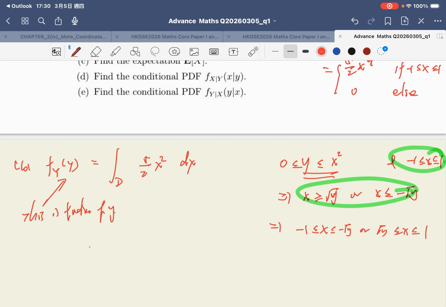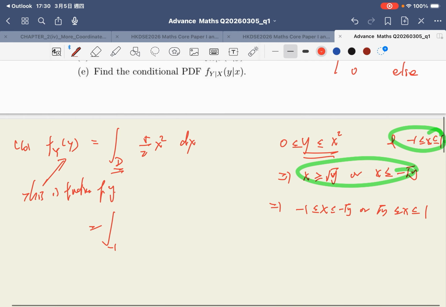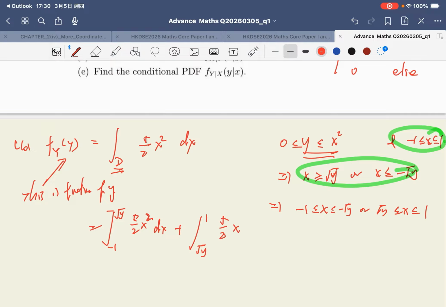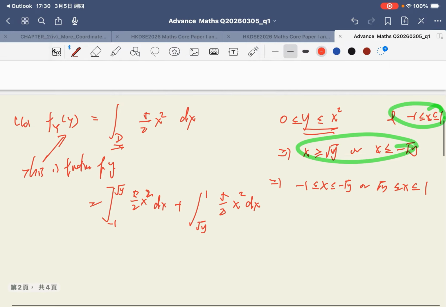I write down this domain. The domain here should be decomposed into two parts. One part is -1 to -root y. The other part is root y to 1. Otherwise, you cannot get the right answer.